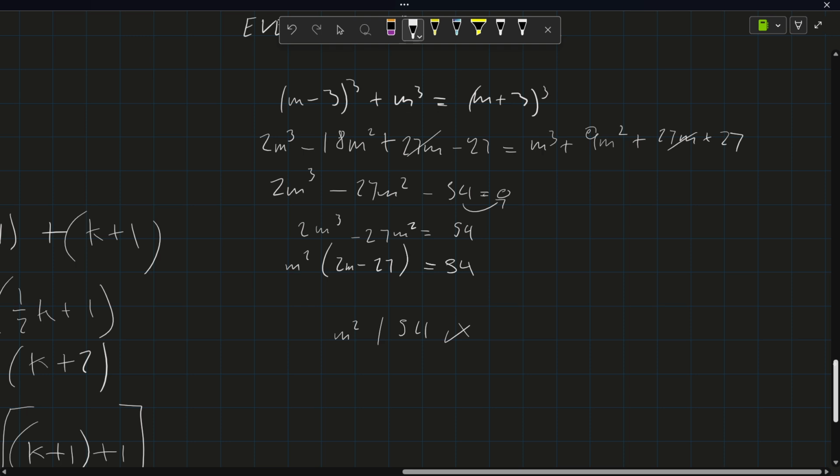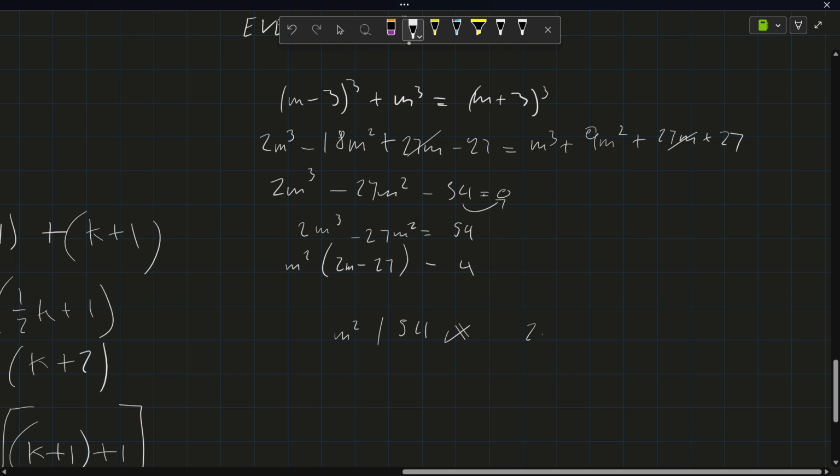You can test it. It's not just me saying it for fun. You can test 4, 3 doesn't work. Oh, it has to be even as well. I just remembered. So it can't even be 3, because 3 would obviously get you somewhere close.